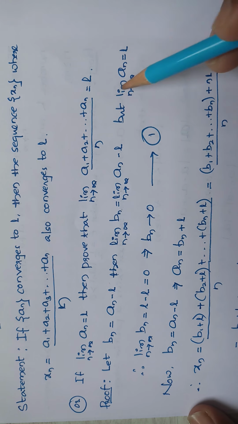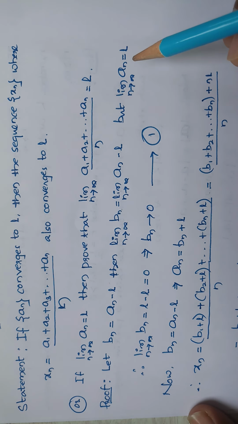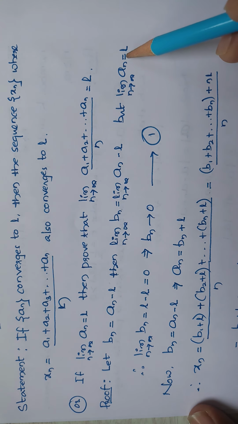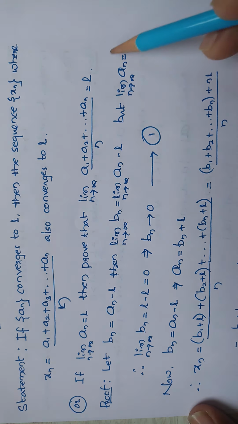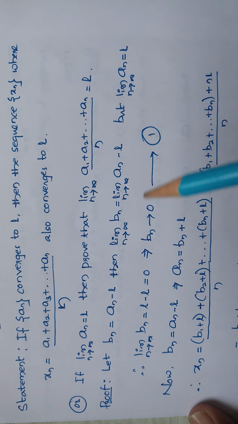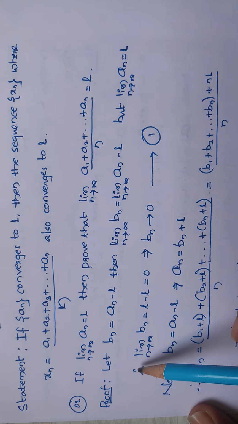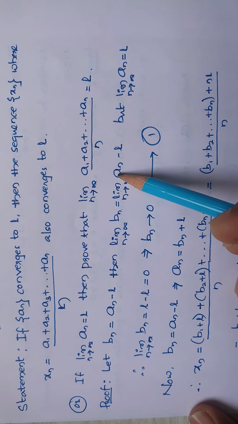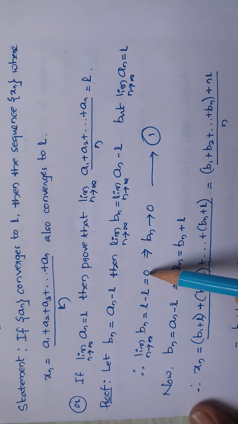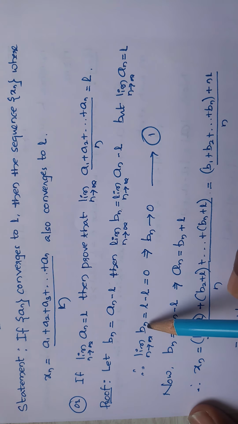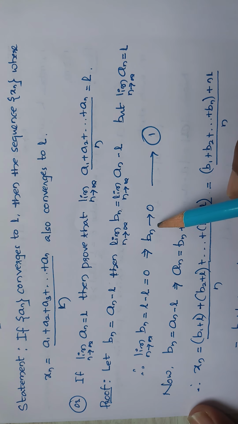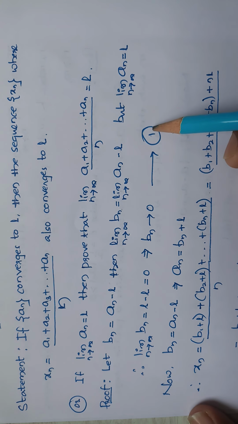But here we are taking a sequence that is an, so limit n tends to infinity an is equal to L, because your sequence an converges to L. So therefore I am putting this value in this equation. So it will become limit n tends to infinity Bn is equal to L minus L, so this is equal to 0. Means limit n tends to infinity Bn is equal to 0. So that can be written as Bn tends to 0. So I am taking this as equation number 1.